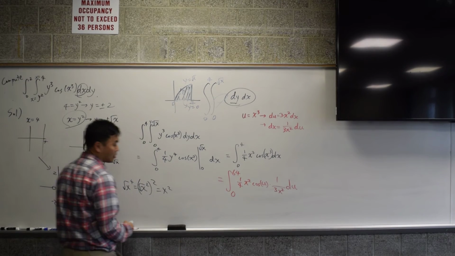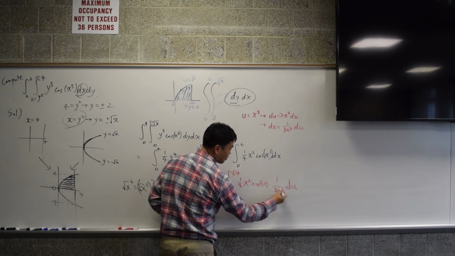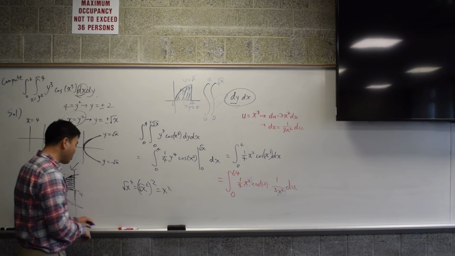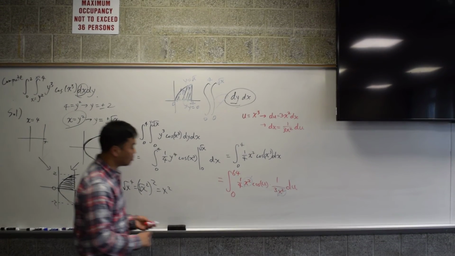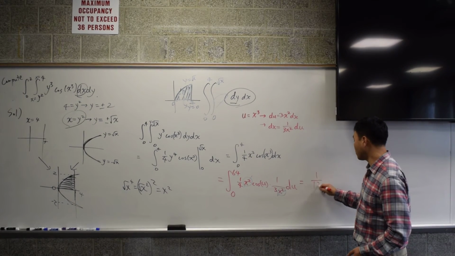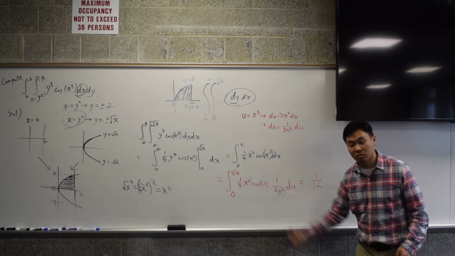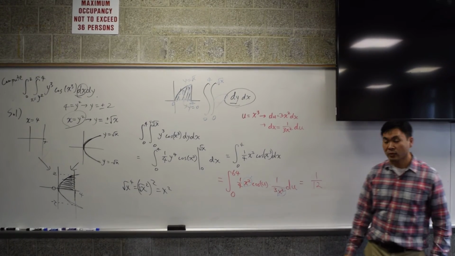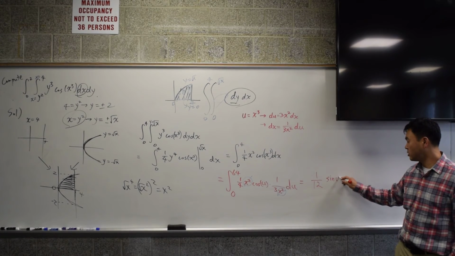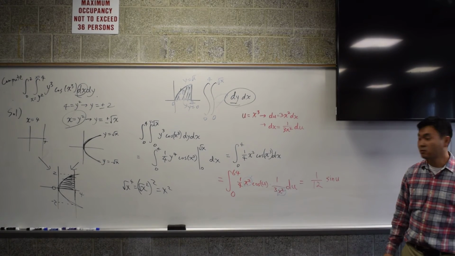And you can see that x squared and x squared are common, so they cancel. 1/3 times 1/4 is 1/12, so you can take the 1/12 outside the integral. Now you only have to integrate cosine of u du. What's the integral of cosine u?